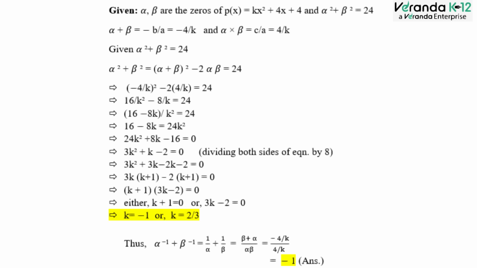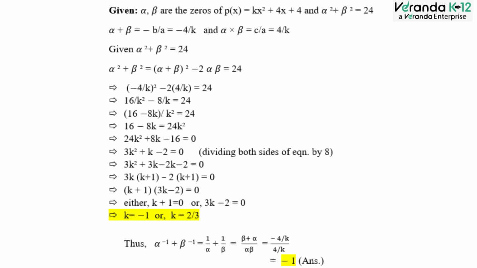So substituting these values in the above identity, rearranging the equation, and then dividing both sides by 8, we get our final equation as 3k square plus k minus 2 is equal to 0. By using the splitting middle term method, we got k is equal to minus 1 or k is equal to 2 by 3. So now the k value we have solved. One part of the question is done.